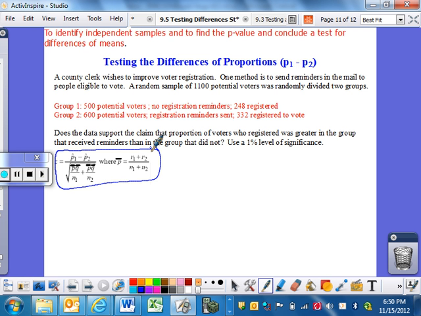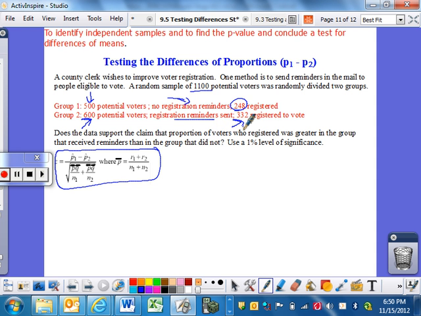So you're going to read your problem. County clerk wishes to improve voter registration. One method is to send reminders to people that are eligible to vote to actually vote. 1,100 voters were randomly divided into two groups, so they randomly divide these two. So 500 of the potential voters were not sent reminders, and they told you that 248 registered. 600 were in the other group and were actually sent the reminders, and this is how many actually registered.